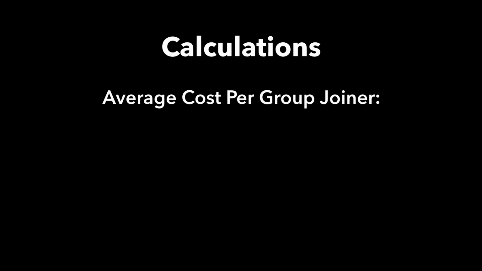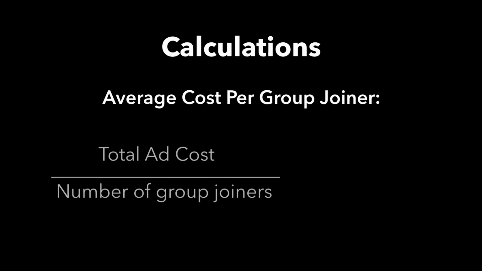$6.25. The second one, average cost per group joiner, is calculated by taking the total ad cost and dividing it by the amount of people who had joined your feedback audience group. In this example, the ad cost would remain the same, $50, and let's say out of those 8 people you talked with, only 2 had joined your feedback group.